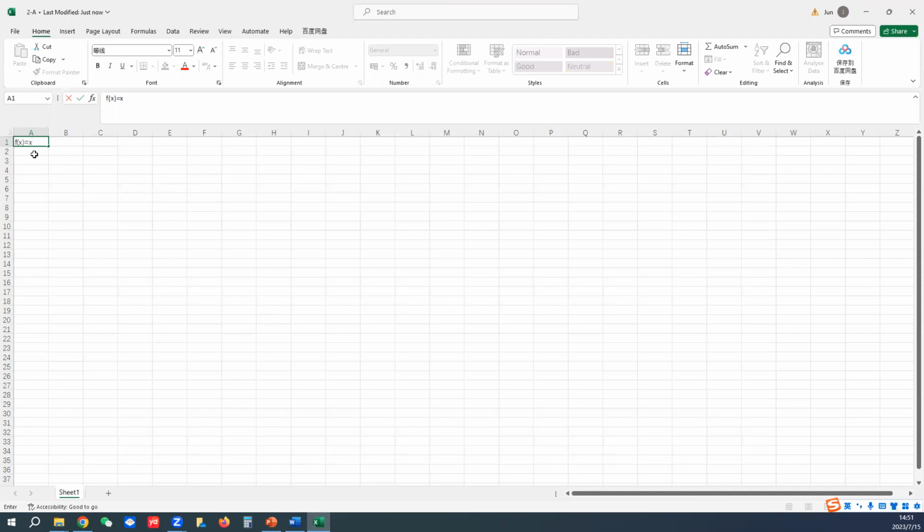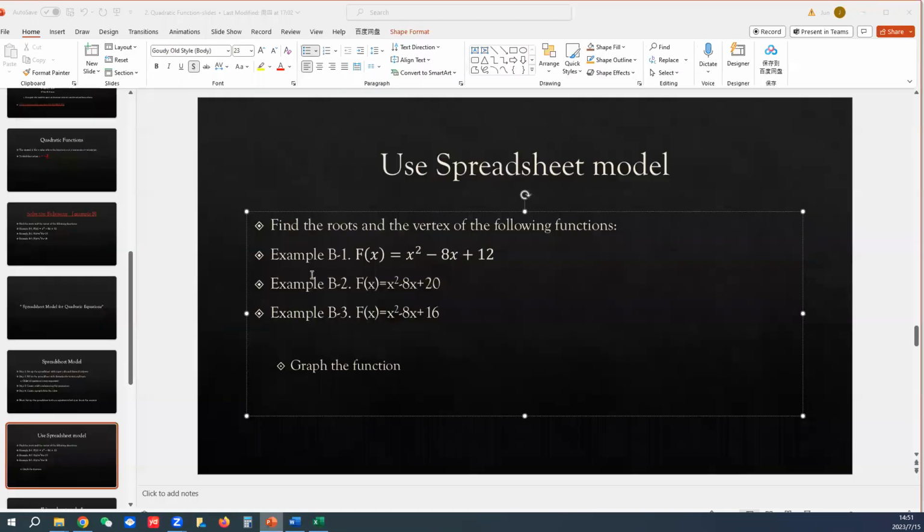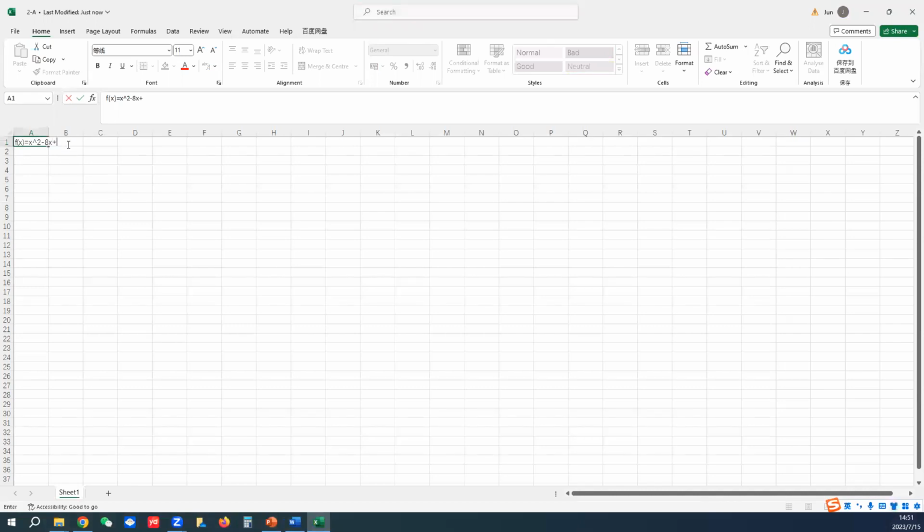Here, shift the 6 means we add a power. Minus 8x plus 12. So that is the original one. And then the other functions, let's just change. We add 20 and we add 16. Okay, those are the three functions.